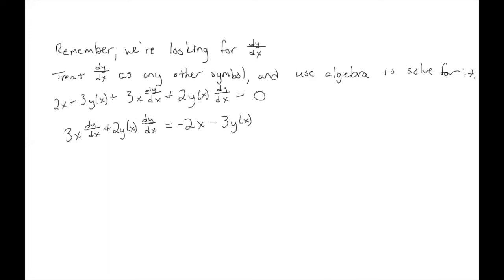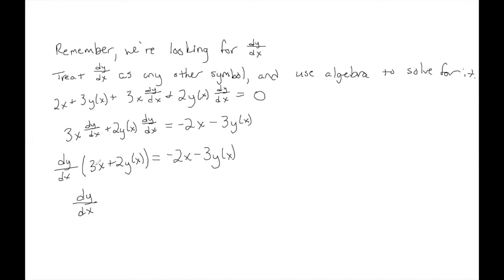Okay, so I have my dy dx's on the same side. That means I can factor them out. Factor them out. 3x plus 2y of x still equal to this. And then divide.